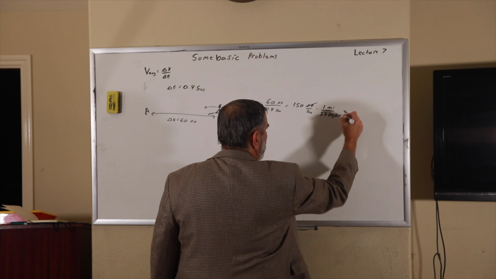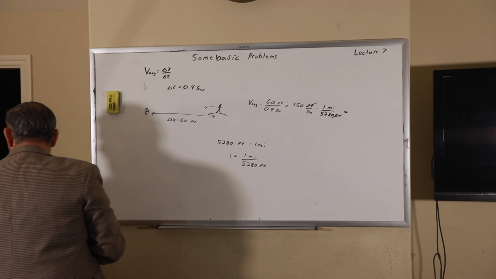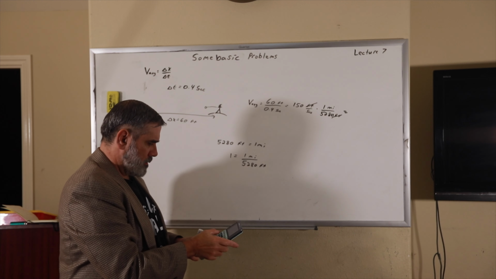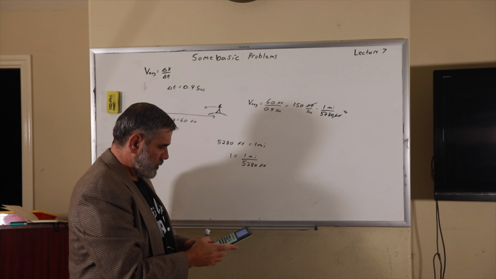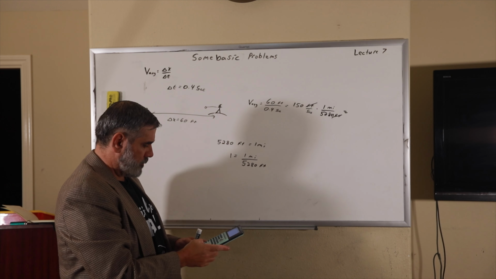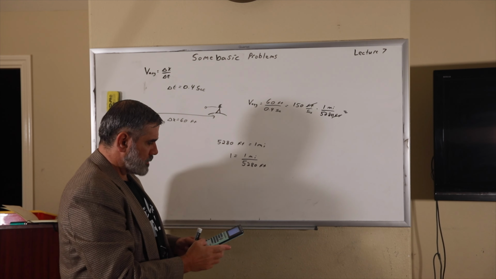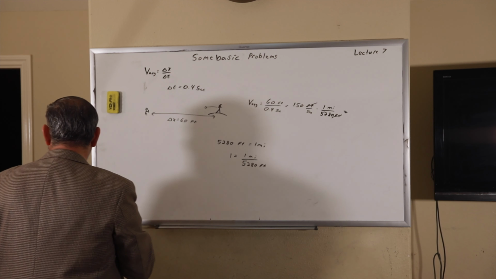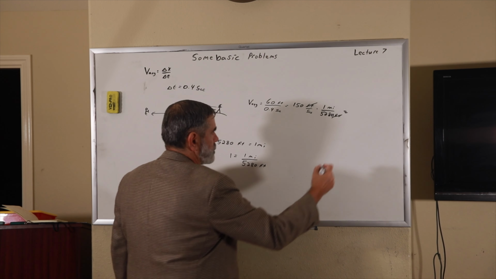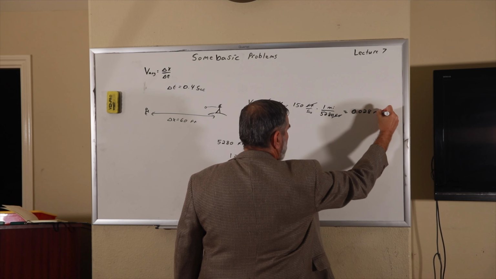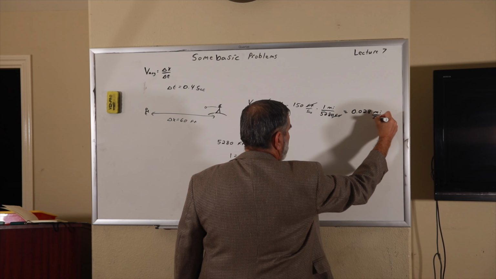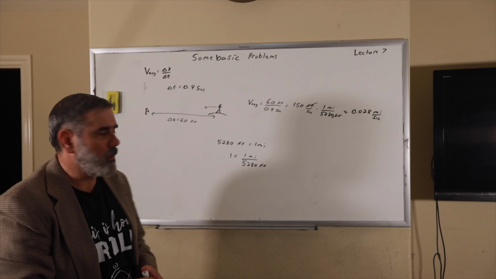Punching that into my calculator, 150 divided by 5280 is 0.028, excuse me, not 0.28. That's 0.028 miles per second. It's not a lot of miles.